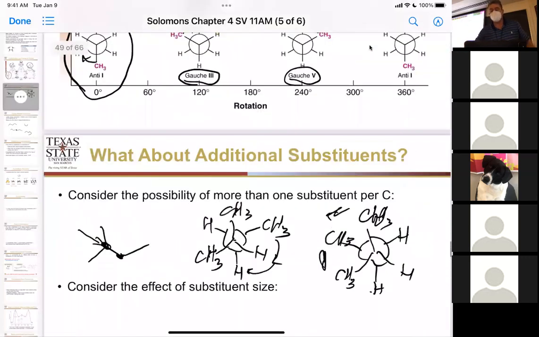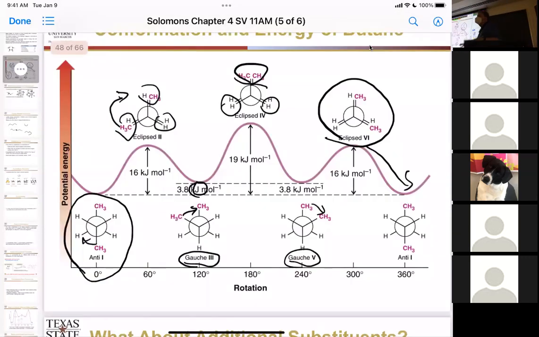Okay, so where we left off last time, we were talking about a very powerful way to draw structures to show you how the different groups interact, and that was called the Newman projection. In the Newman projection, we look down two carbons. We put one of the carbons in front with the lines meeting in the middle.